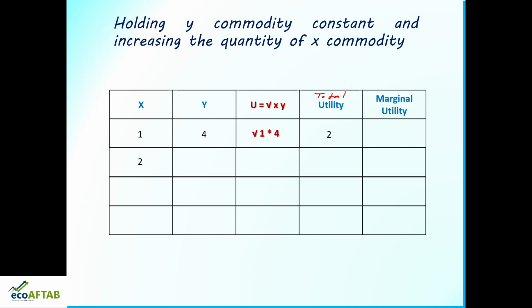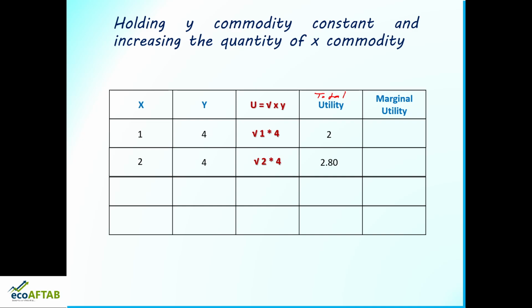In the next case, if I increase the x commodity by 1 unit and keep y constant, it becomes square root of 2 into 4, that is square root of 8, and total utility is 2.80. You can see as x commodity has increased, the total utility has also increased. It was earlier 2, now it has become 2.80.